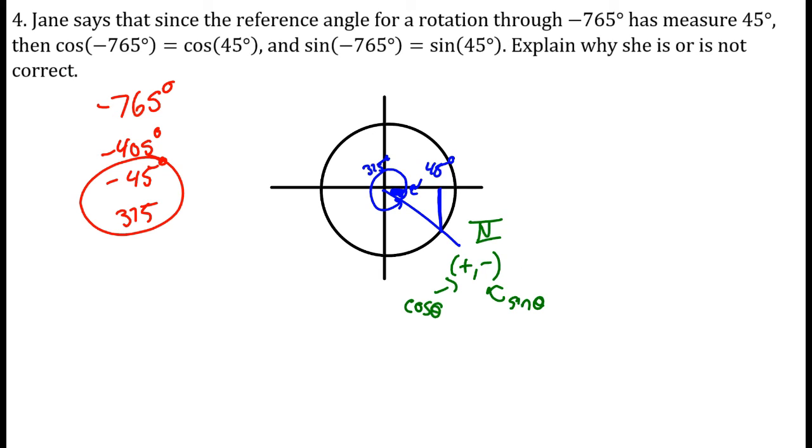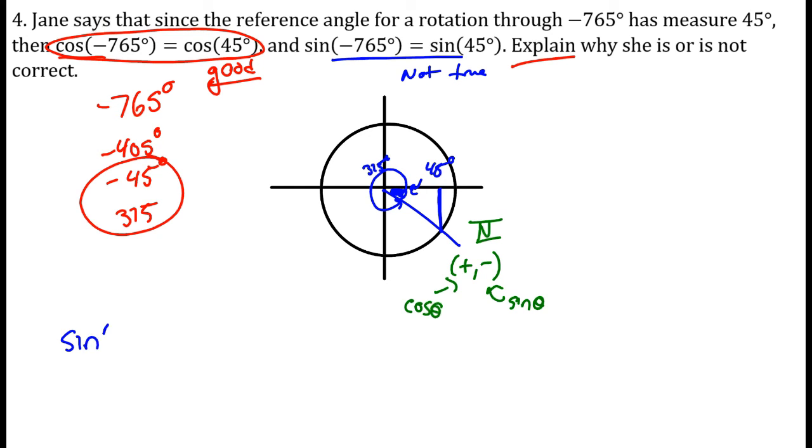So for Jane, explain means you need a sentence. You need to say something along the lines of: Jane is correct when she says the cosine of negative 765 degrees is equal to the cosine of 45 degrees. That is correct. That's good. However, this statement is not true.